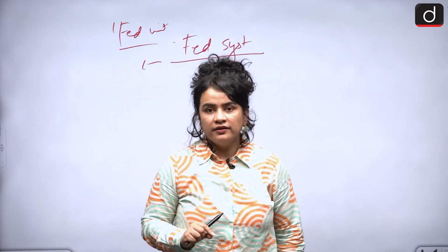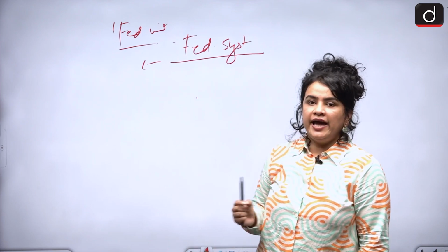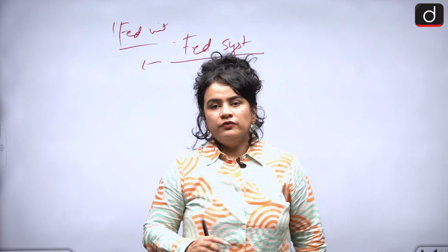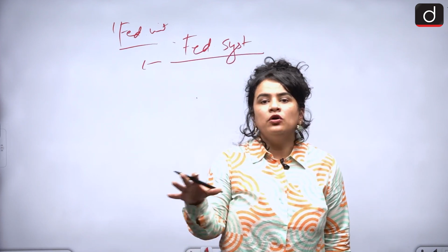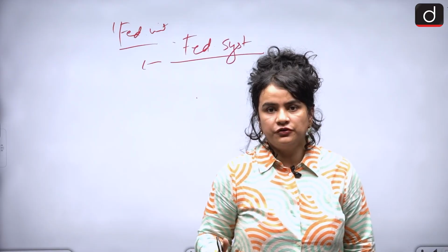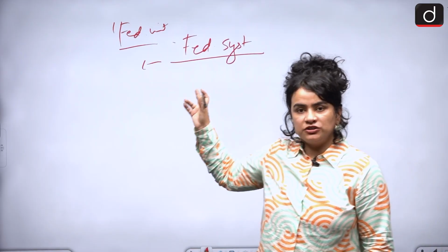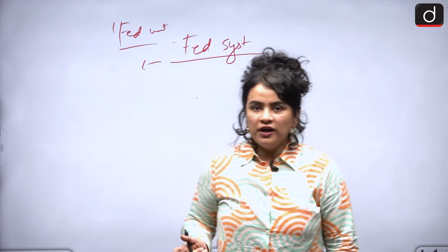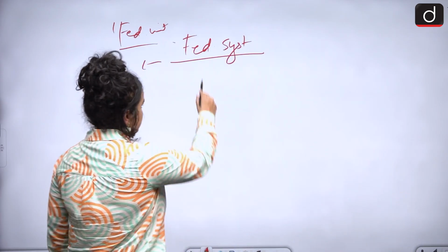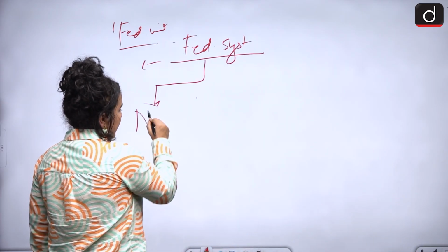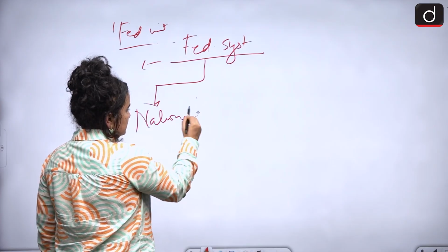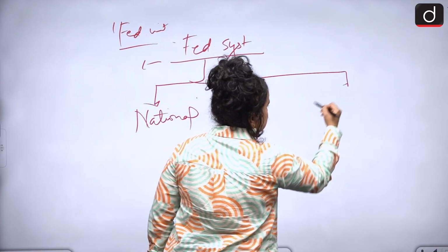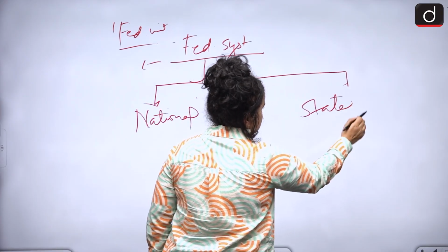Now in India, similarly, we have national parties which are focused throughout the country and are likely to form the national government, as well as certain regional parties which are also called state parties. So, we have national parties and we have state or regional parties.